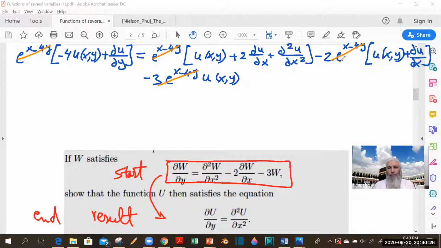Now, we have here, what we have here? Minus 4 uxy. And here we have u of xy, one of it. Okay? And this 2 multiply by u of xy, right?